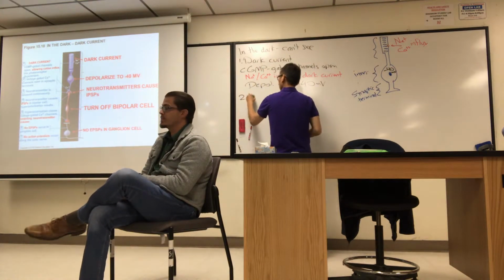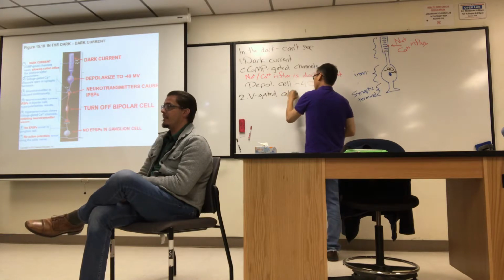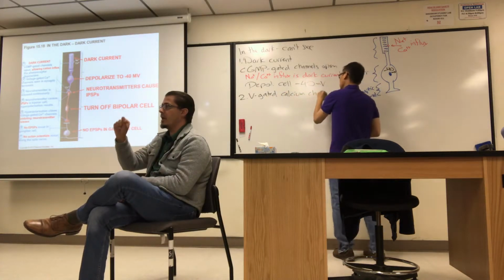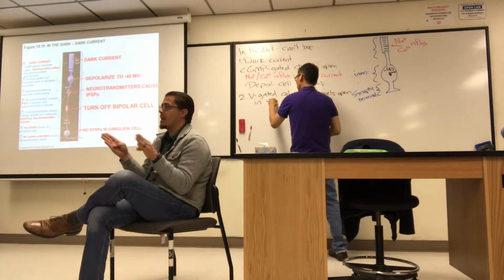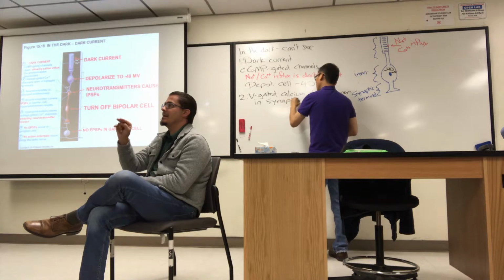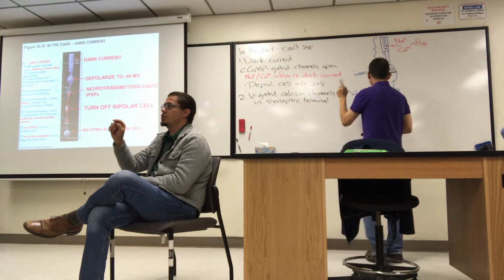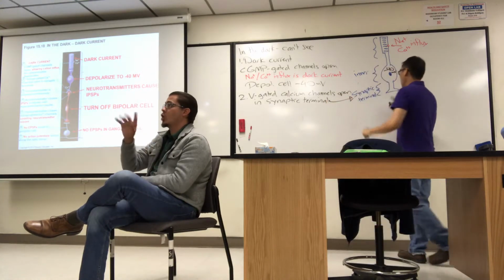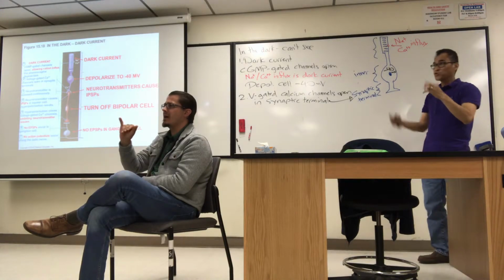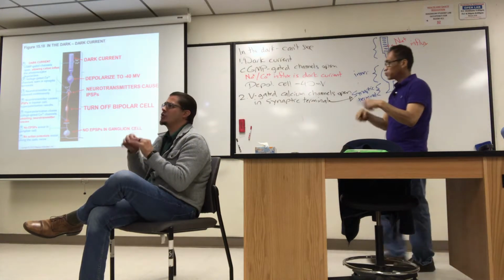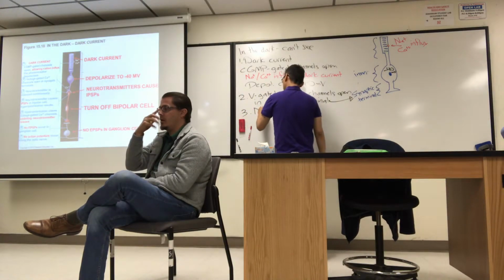Number 2, V-gated calcium channels open in the synaptic terminal, because of that dark current. So think about that. You get an influx of calcium. Think of calcium as a second messenger, as a trigger to release neurotransmitter, step 3. I'll just abbreviate that NT, neurotransmitter.